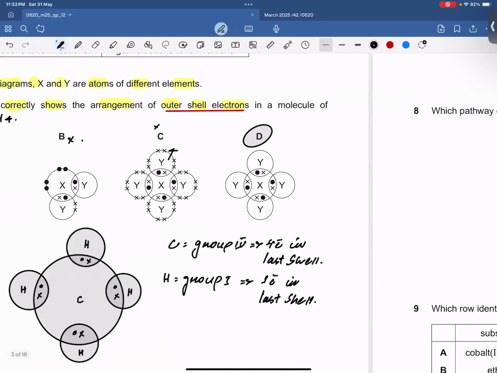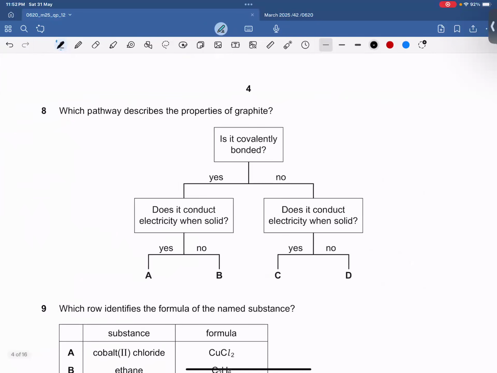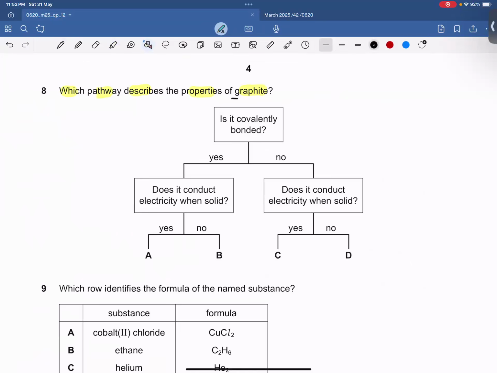Question number 8. Which row describes the properties of graphite? Graphite, certain points you need to remember, which we have done in the class. The first one is it has a giant structure.